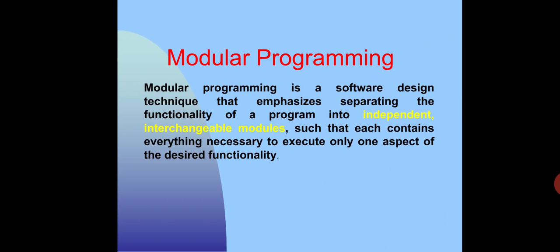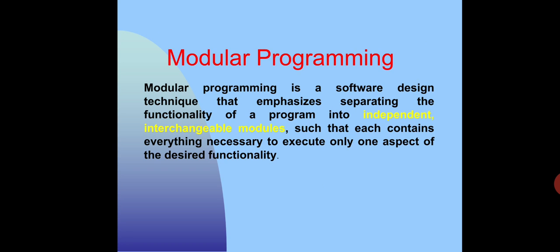It can be treated as a software design technique, which means that it will divide a bigger problem into sub-problems, or independent interchangeable modules. Each subproblem can be treated as an independent interchangeable module, and each module will contain a particular task.